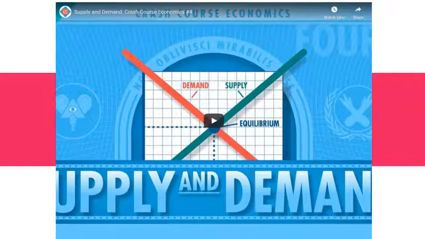When we look at what people are willing to buy, as the price goes up, the amount of product which they are willing to buy goes down, which means you have a line that starts off very high on the graph on the left side and then moves downwards towards the right side of the graph, indicating that the lower the price, the more product they are willing to buy.